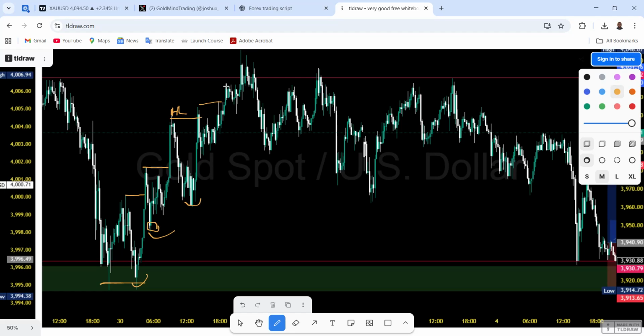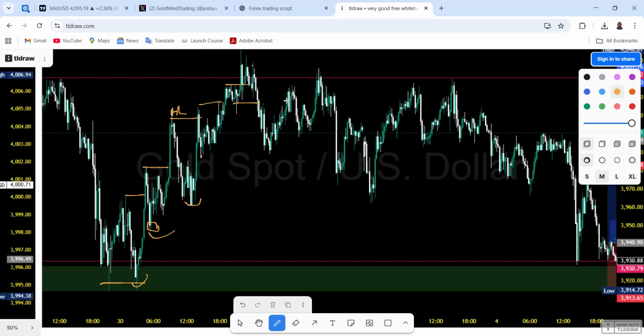Now, we see on this point, after breaking this structure, we would expect this point to hold, but instead it did not. On this certain level of the price, the bears came in with a lot of momentum that pushed the price down here and broke this structure that you see there.